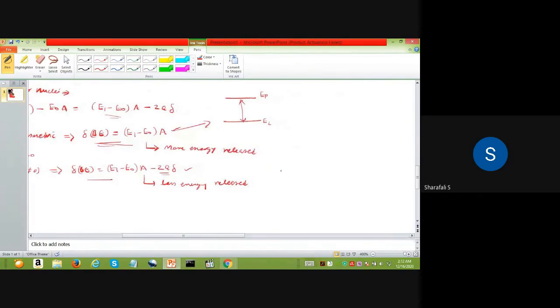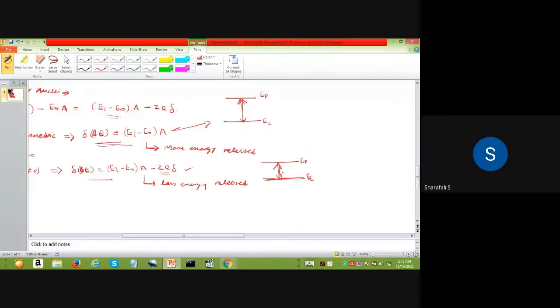For asymmetric fission, the parent energy level, the binding energy I am saying, will be here somewhere, and the daughter nuclei will be something like this. So this gap between daughter nuclei and parent nuclei, for symmetric fission will be larger, and for asymmetric fission will be smaller.